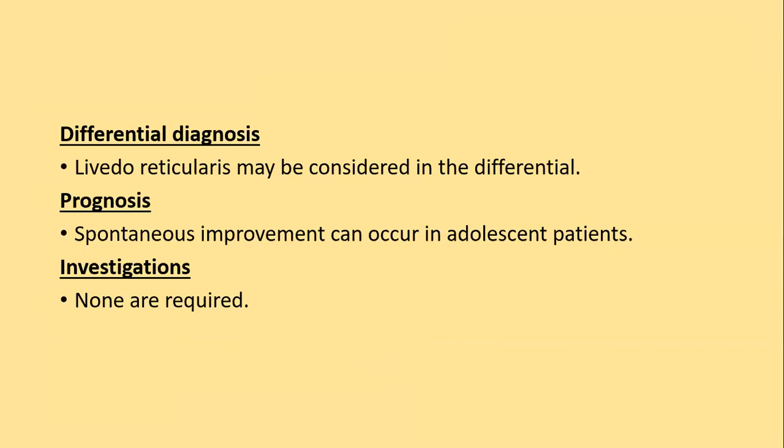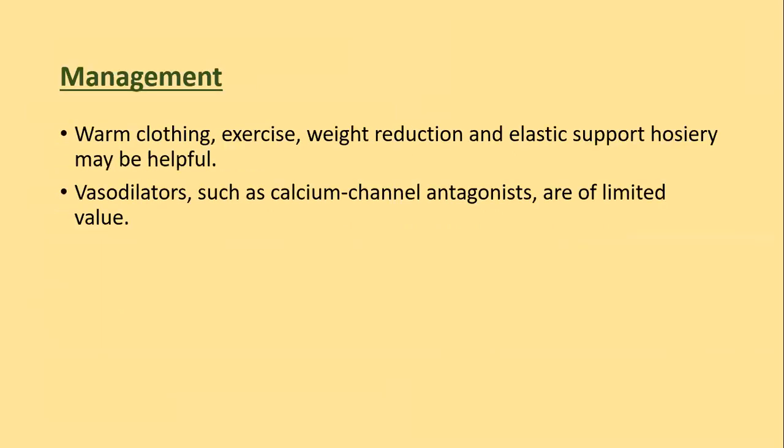Livedo reticularis may be considered, but livedo reticularis is in a net-like manner. Erythrocyanosis is diffuse. Spontaneous improvement can occur in adolescent patients. Investigation is not required, and management is warm clothing, exercise, weight reduction, elastic support hosiery. Vasodilators like calcium channel blockers are of limited value.